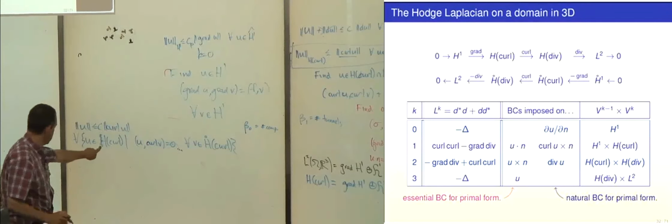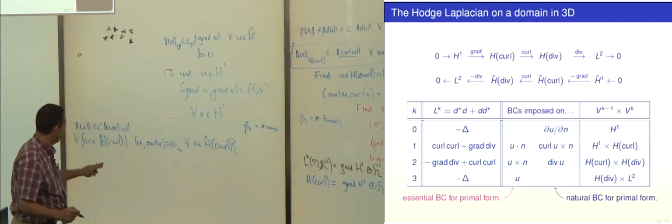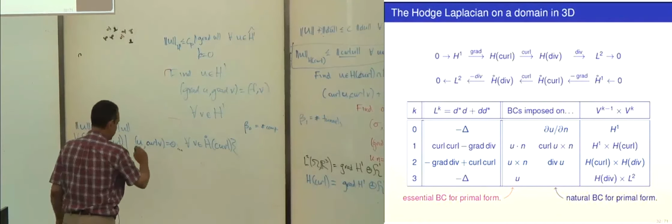That's the statement. This is the orthogonal complement of curl of H0 curl in H curl. So that's the statement. Now let's try to figure this out.